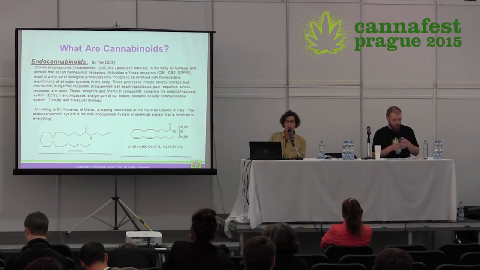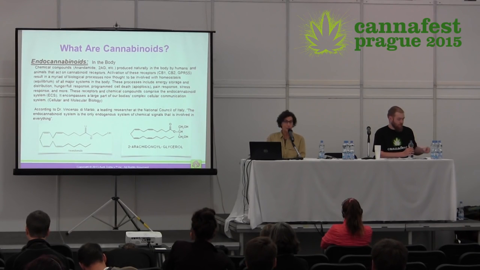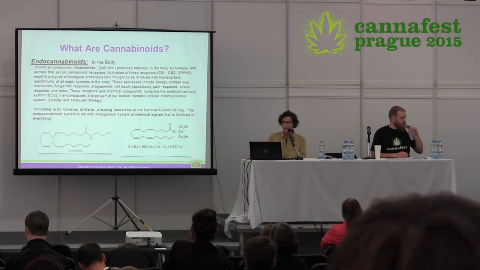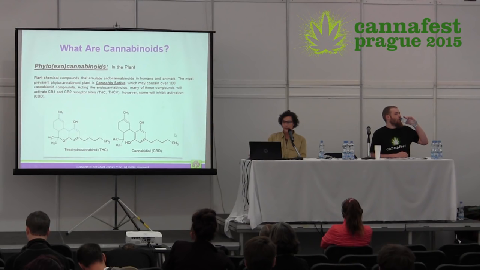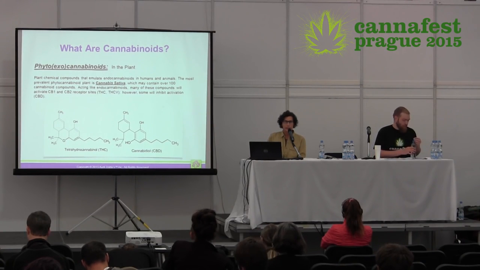They can tell you about the circulatory system, they can tell you about the nervous system, they can tell you about the gastrointestinal system, but they can't tell you about the endocannabinoid system because nobody bothered to tell them. Anyway, the same way that if you were not getting enough sunlight, for example, your doctor might prescribe vitamin D3 as a supplement.